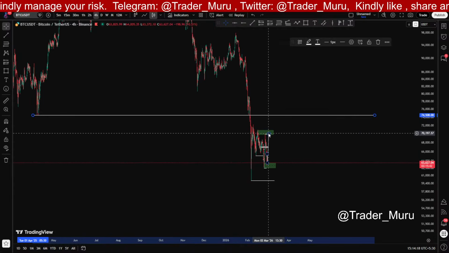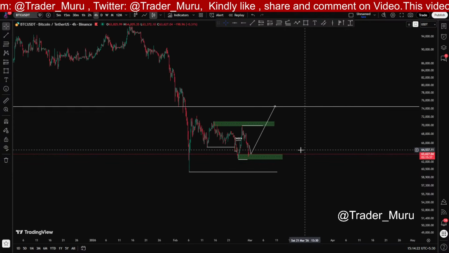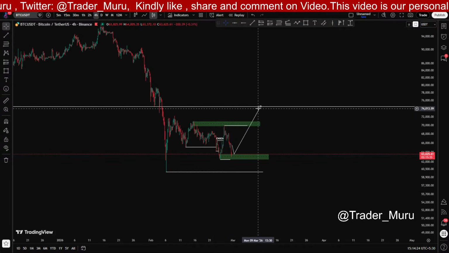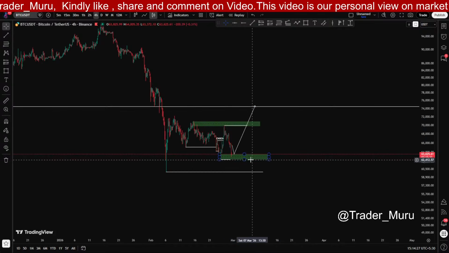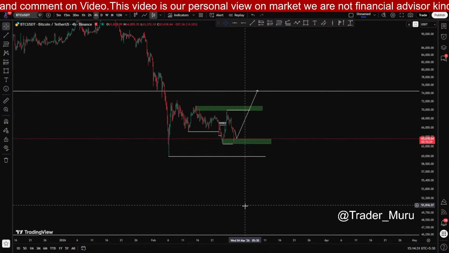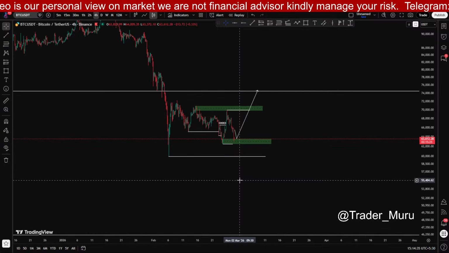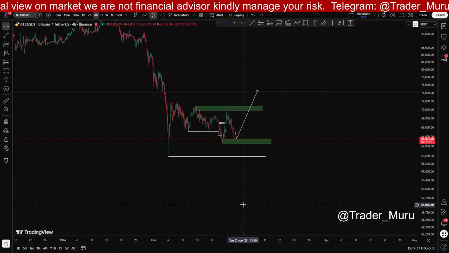So you can expect BTC to pump from here and test 75,000 as a target. And if this zone gets broken, you will see a new low in BTC near about 55,000 first, then 50,000.